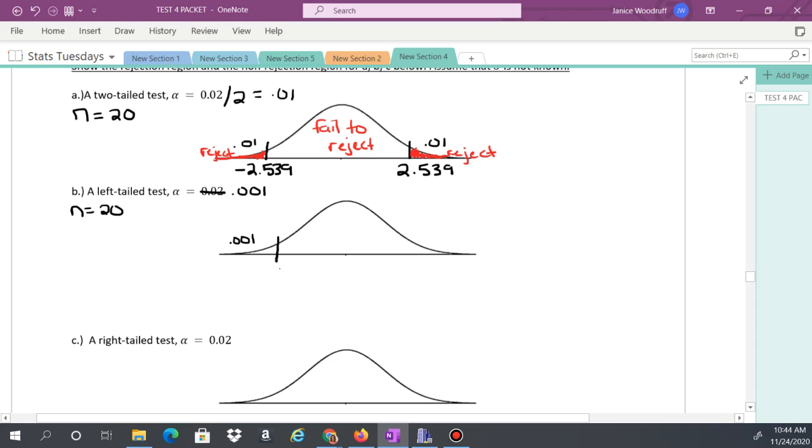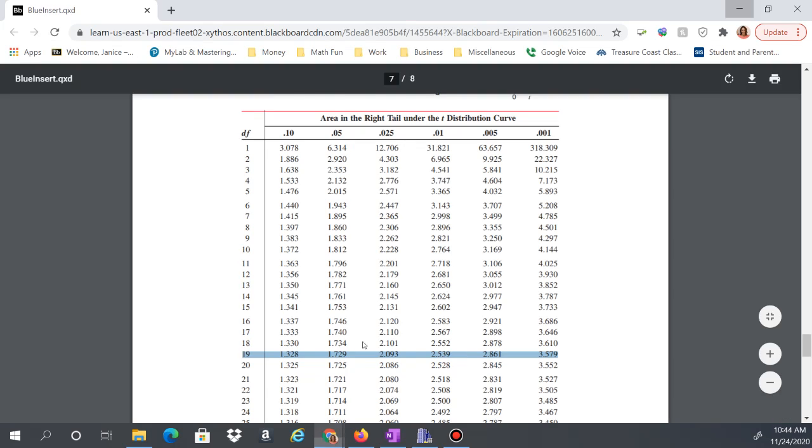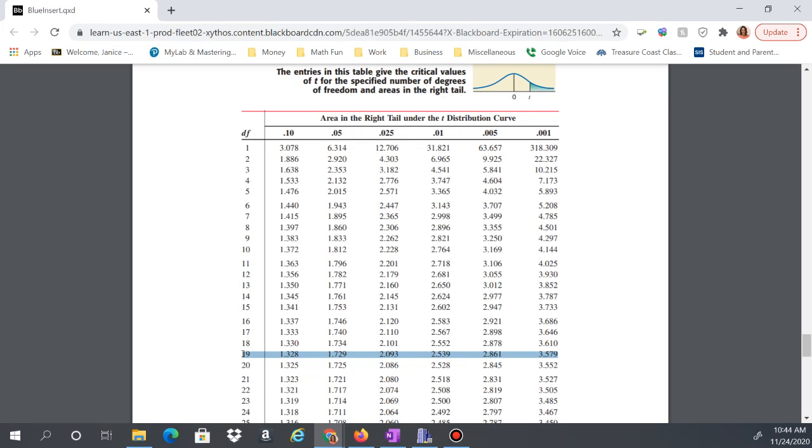Okay, and I want to find that t value associated with it. So I'm going to pull up that t chart. And I still have degrees of freedom 19. And now I have a 0.001 in the tail. So that is 3.579 for that value right there.